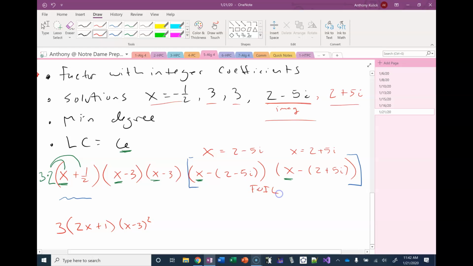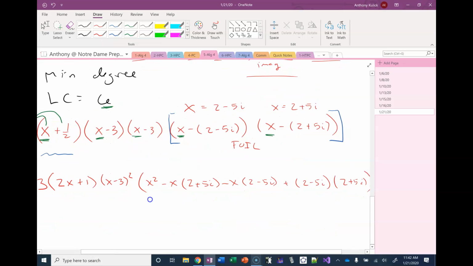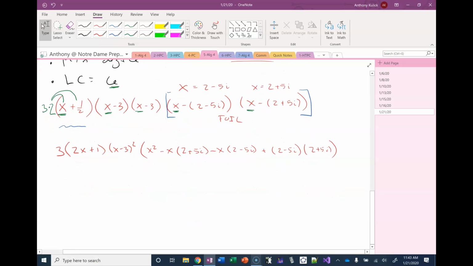And this piece I need to FOIL. Is everybody okay here on how I FOILed that out?